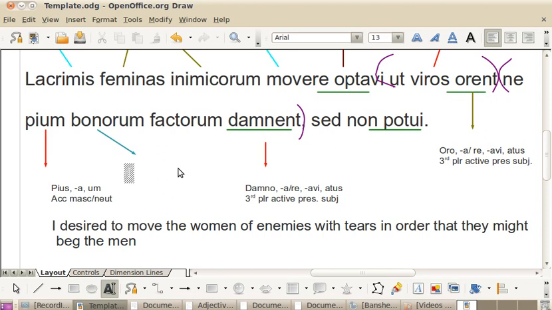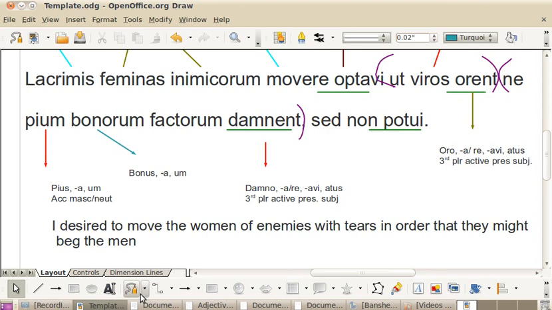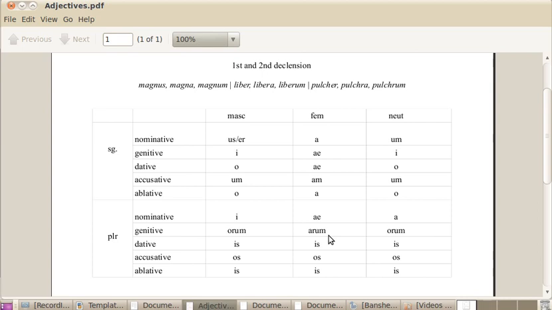Bonorum we look up and we find bonus, bona, bonum. Again, that's a first and second declension adjective. So let's find where ORUM appears in the adjective paradigm. And we look at our first and second declension adjective paradigm, and we see genitive ORUM for the masculine and genitive ORUM for the neuter. So we can write that down too.